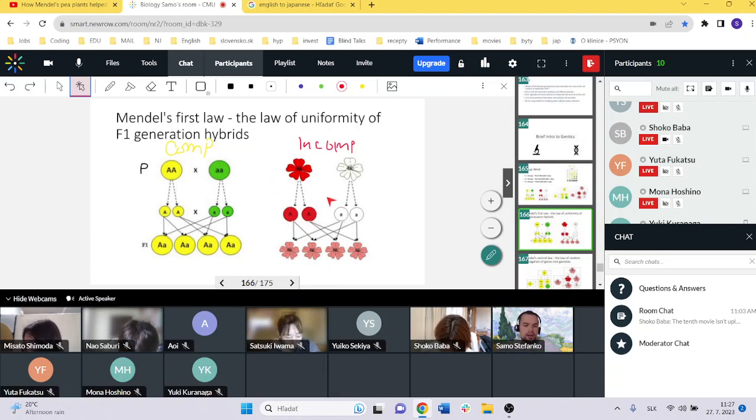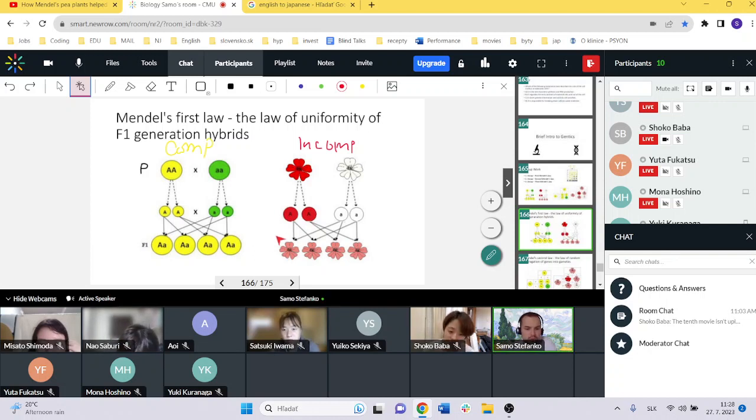In incomplete dominance, when two homozygous parents are crossed, both alleles are blended, or let's say the trait is blended and partially expressed, or some blend or mix of one allele and the other allele is an outcome.